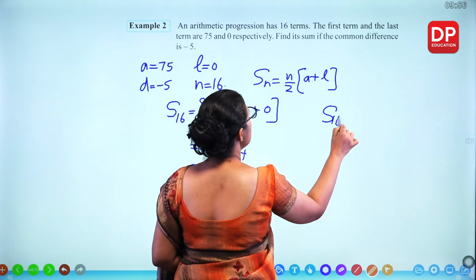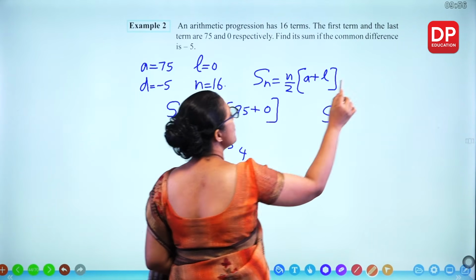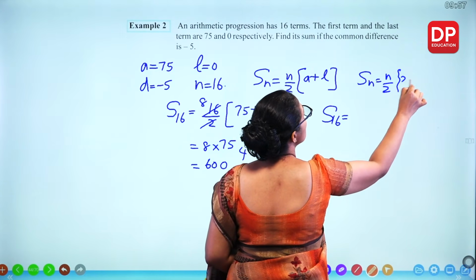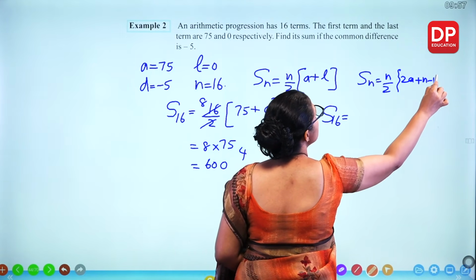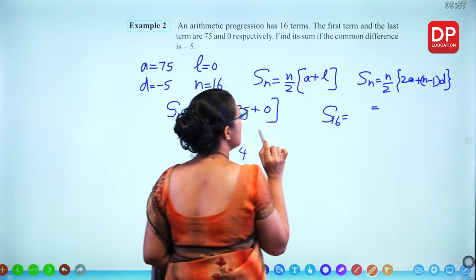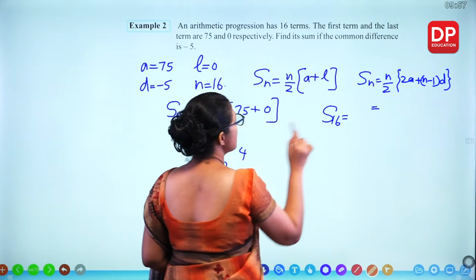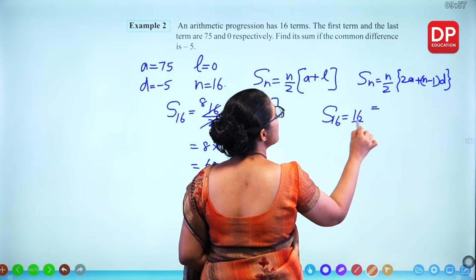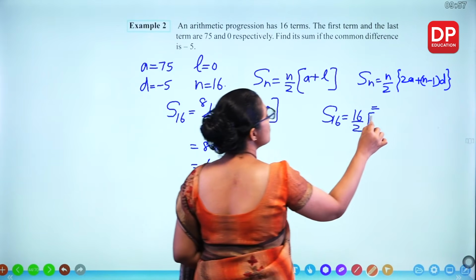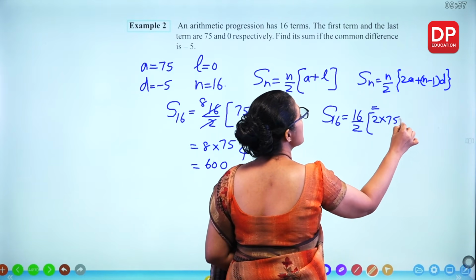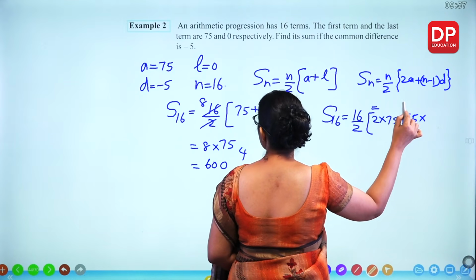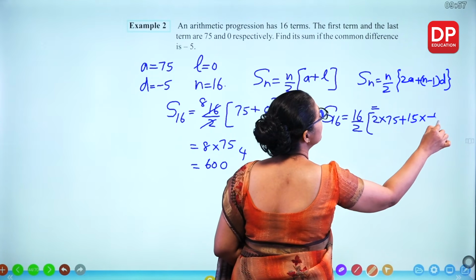So S16, if you are using the other formula, is n over 2 times (2a plus (n minus 1)d). n is 16, 2 times a, 2 times 75, plus n minus 1 is 15, d is minus 5.